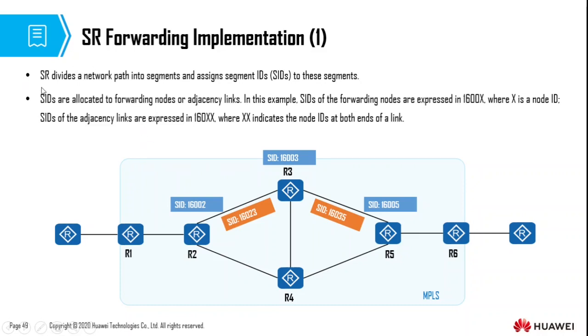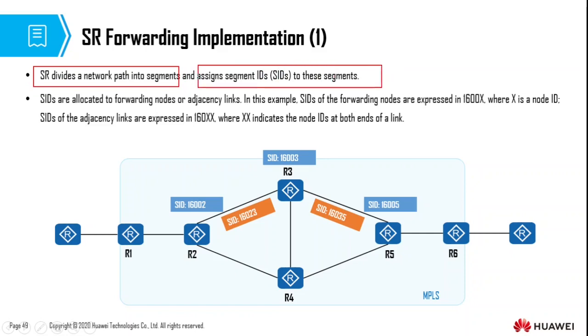SR divides network paths into segments and assigns segment IDs to these segments. Segment IDs are allocated to forwarding nodes or adjacency links. When you talk of forwarding nodes, we are simply talking of the router, for example.